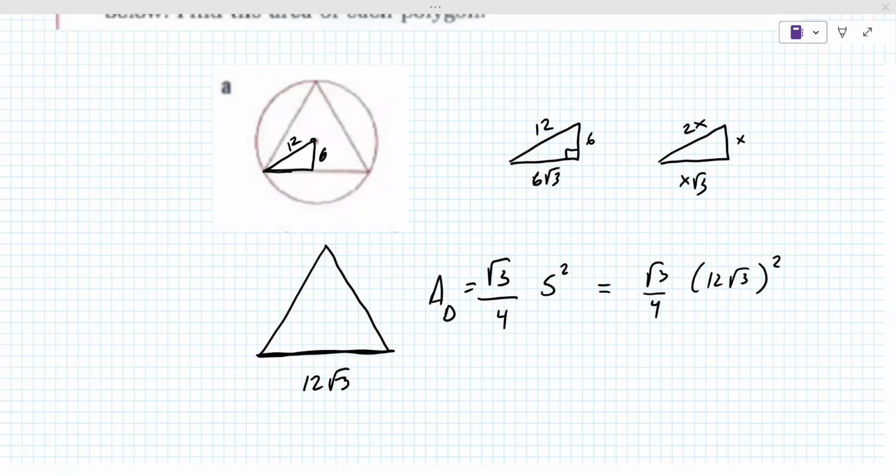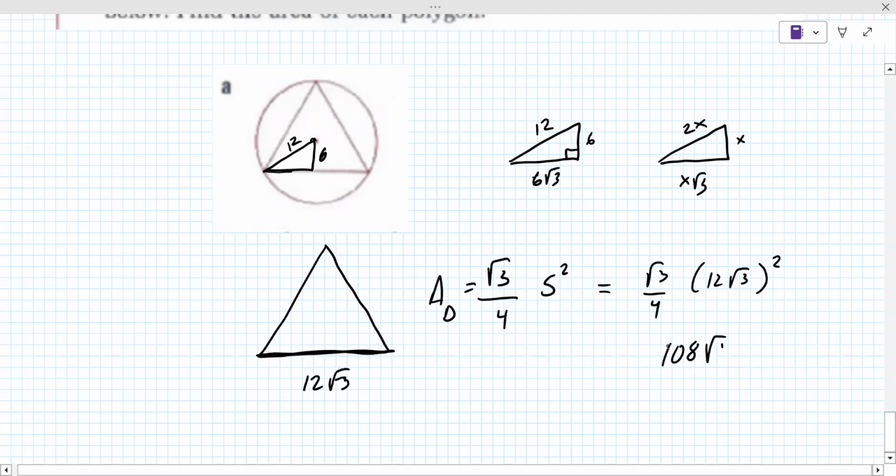Okay, I got 108 root 3. Okay, 144 divided by 4 is 36 times 3. Yes, 108 root 3. Very good.